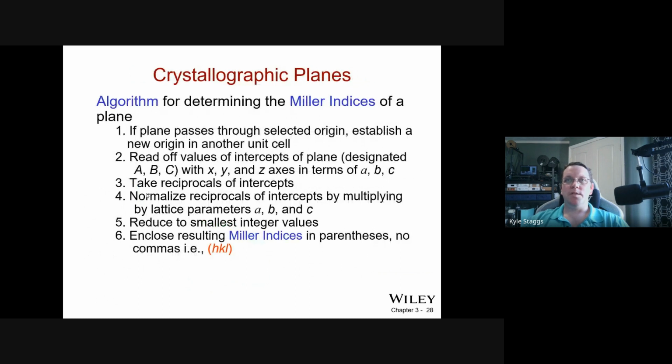The planes are another one where a lot of students get super duper hung up. And that's where we'll spend probably the rest of this, because that's probably one of the biggest points of confusion. So you have a specific algorithm, and you need to be thinking, if I see this problem, do these steps.